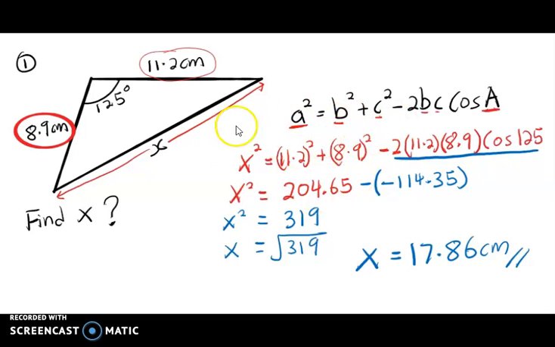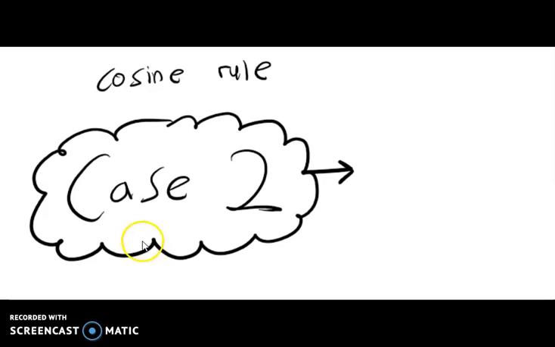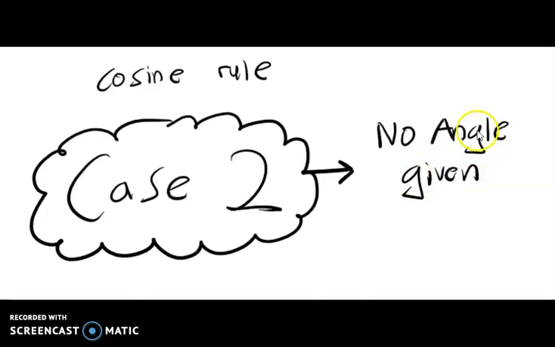Now I'll be explaining the second case, when we should use the cosine rule. Case number 2 is when you have no angle given in the question. This is our second case.